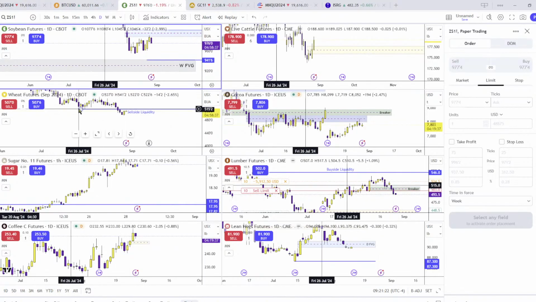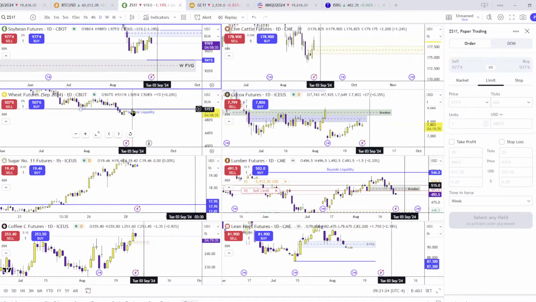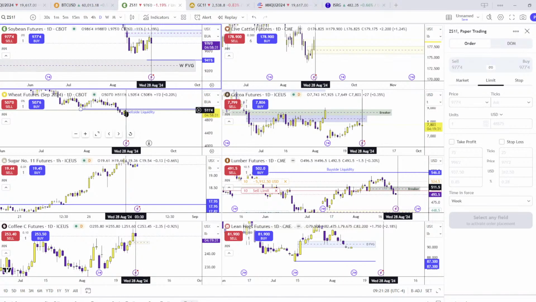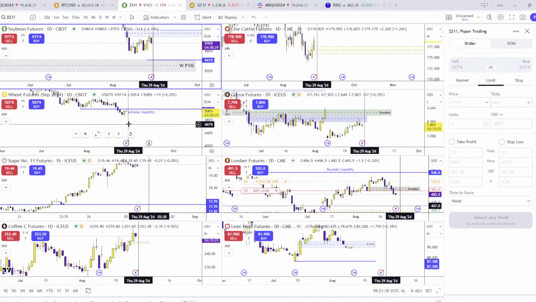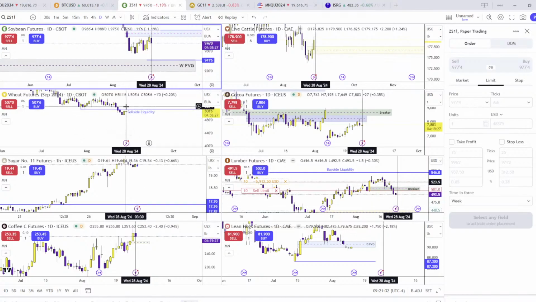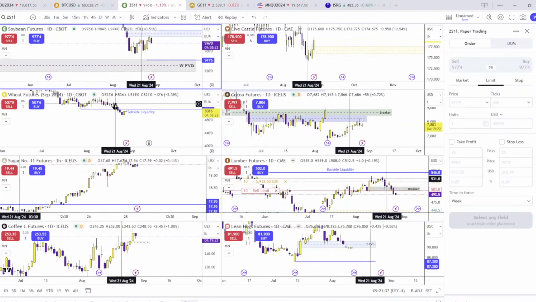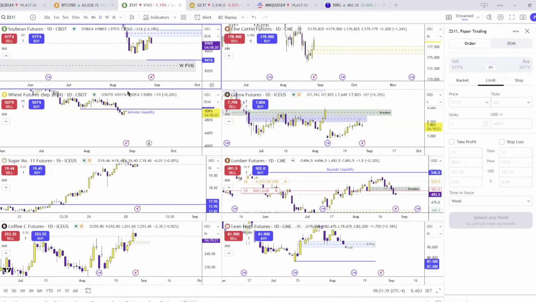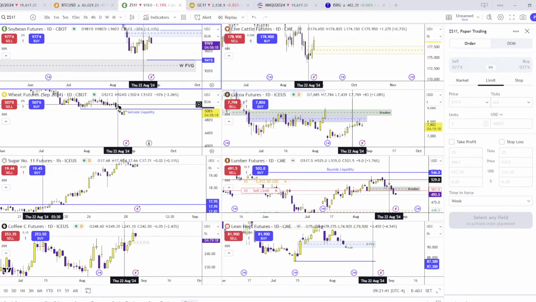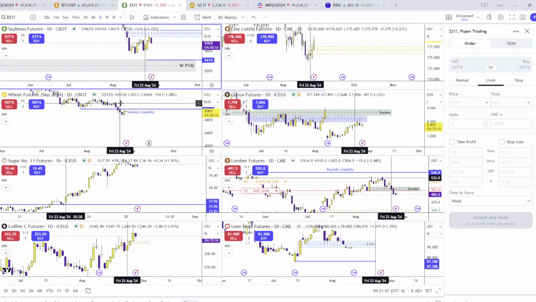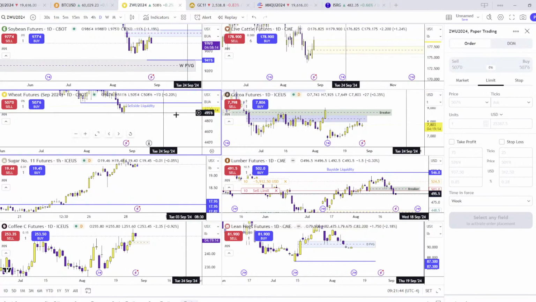Wheat, we've had to finally return back to this old low. I'd like to see that provide a level of support now. Just start rolling over and coming back down. If we do eat through it, look for this candle here and that fair value gap. If we take those, then we're looking for market shift.